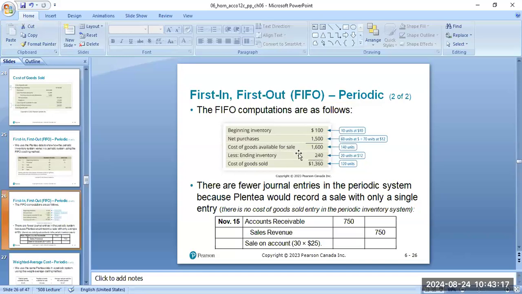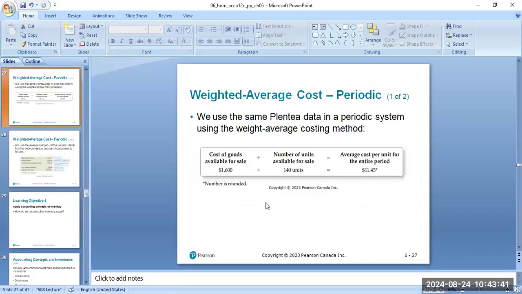We're going to deduct the ending balance, and we're going to come up with cost of goods sold. The journal entries are only few. We have to make a journal entry for the purchases, a journal entry for the sales, and at the end of the period, we can do the journal entry for the cost of goods sold.